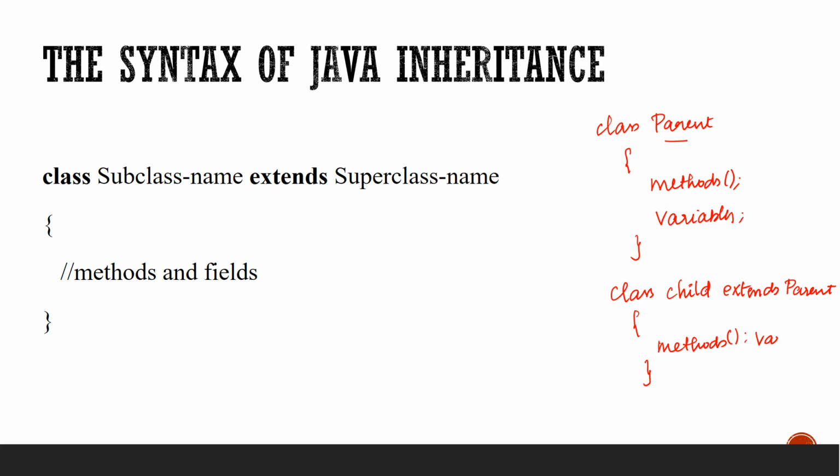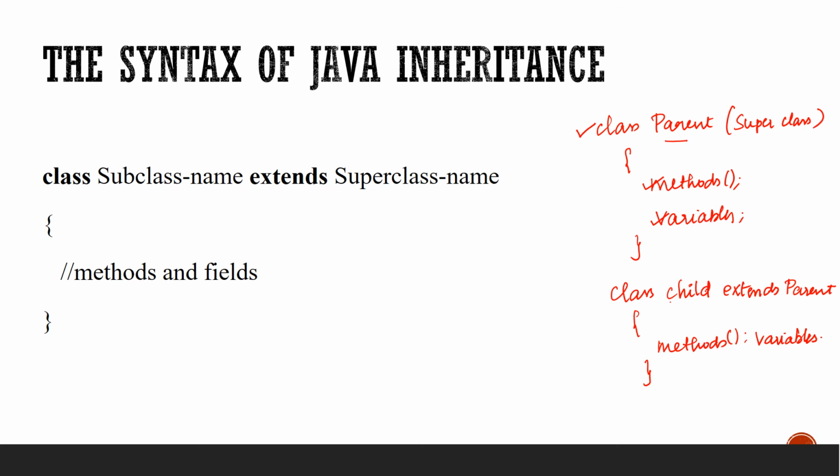So this is the basic syntax of Java inheritance. I'll repeat it once again. Here we have a class called the parent class, which is also called the superclass in Java. This class will have its own methods and variables. And again, we are creating another class called the child class, which inherits the properties of the parent class, that is, it inherits the methods and variables of the parent class.